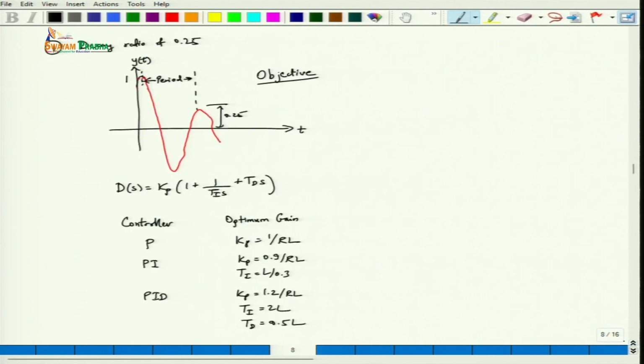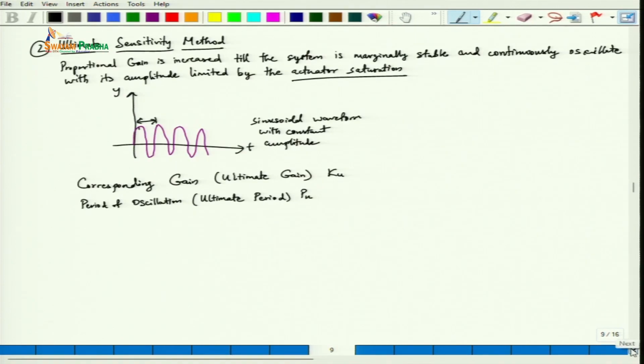So similar to what we had done here for different types of controller, optimum gains have been suggested. If we have P, the optimum gain will be 0.5 times the ultimate gain Ku.